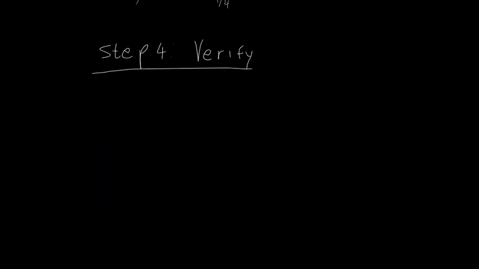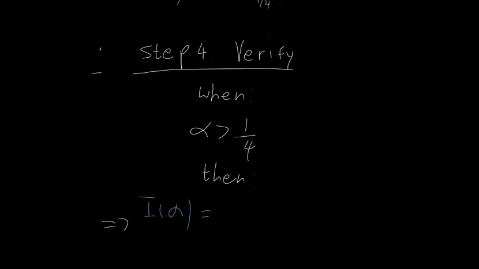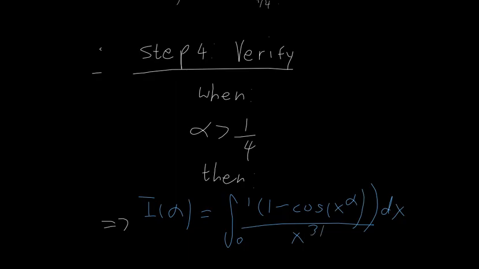So when alpha is greater than 1/4, it automatically implies that our integral I of alpha, which is equal to the integral from 0 to 1 of 1 minus cosine of x to the alpha, in parentheses, dx over x to the 3 halves, converges absolutely.